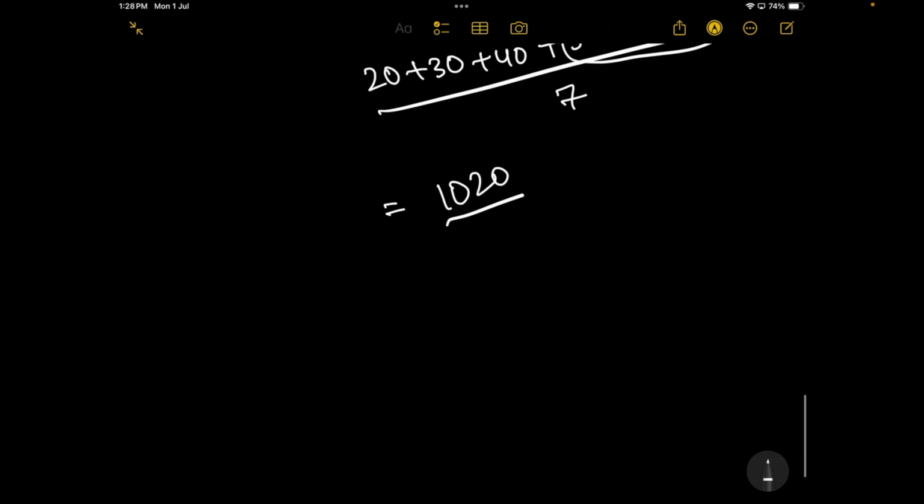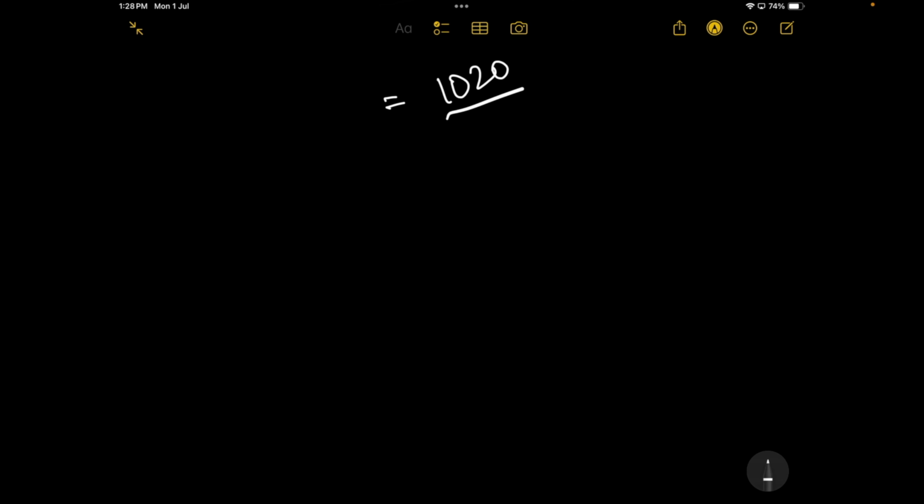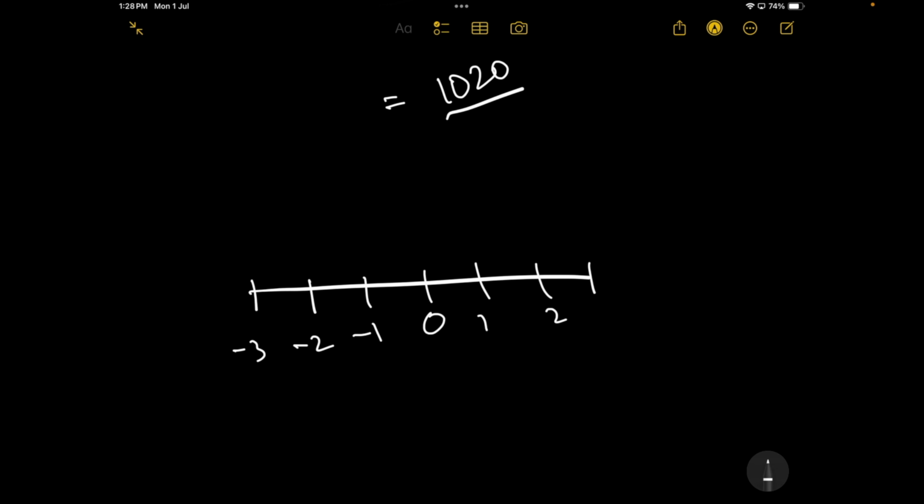I'll tell you how exactly the system sees this central tendency, how exactly the center is. So this is a line, the entire data, and we are having numbers on it. For example, consider this is 0, minus 1, minus 2, minus 3, 1, 2, 3.